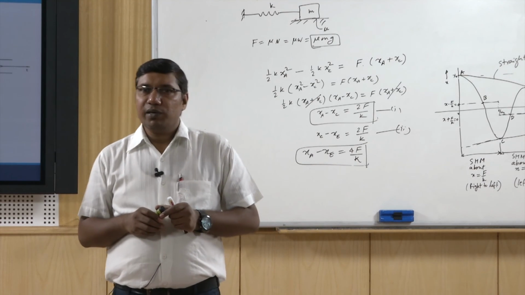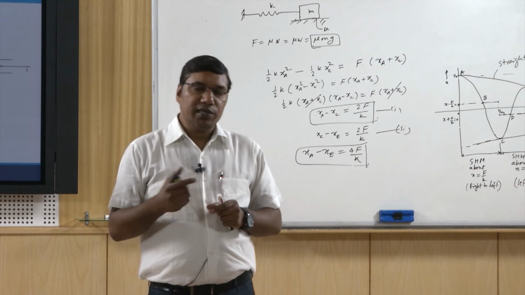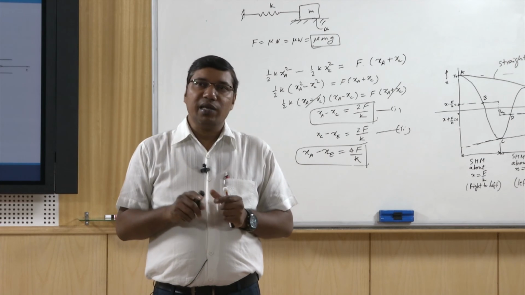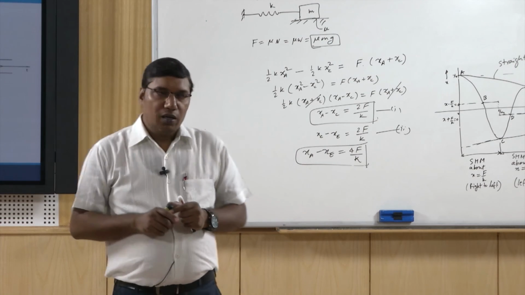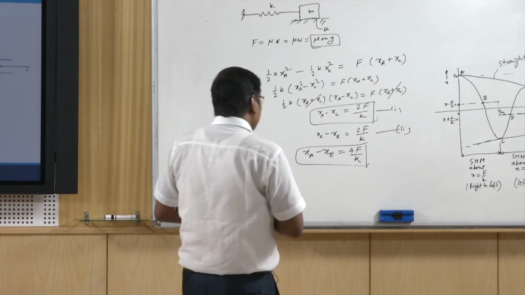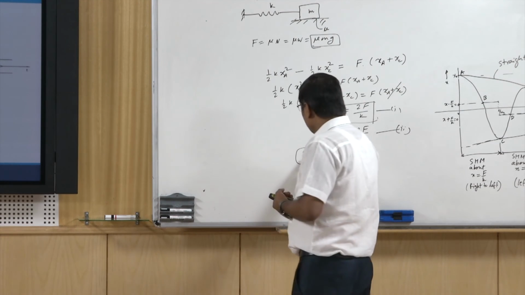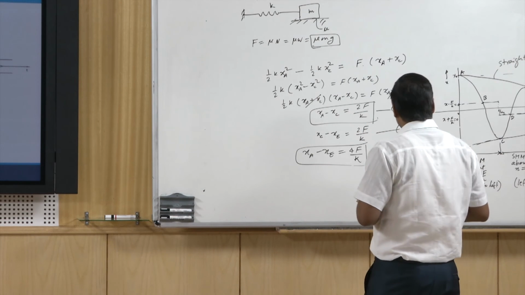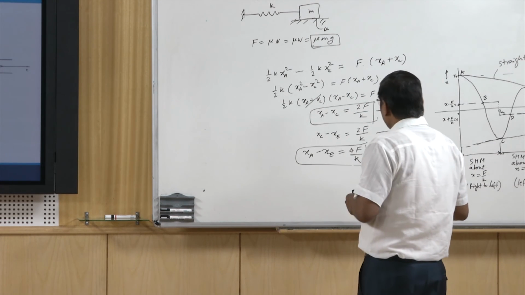Logarithmic decrement was the ratio of the two consecutive amplitudes and taking the natural log of that. But here we can directly define the difference between the two amplitudes, XA minus XE, that is equal to 4F by K.